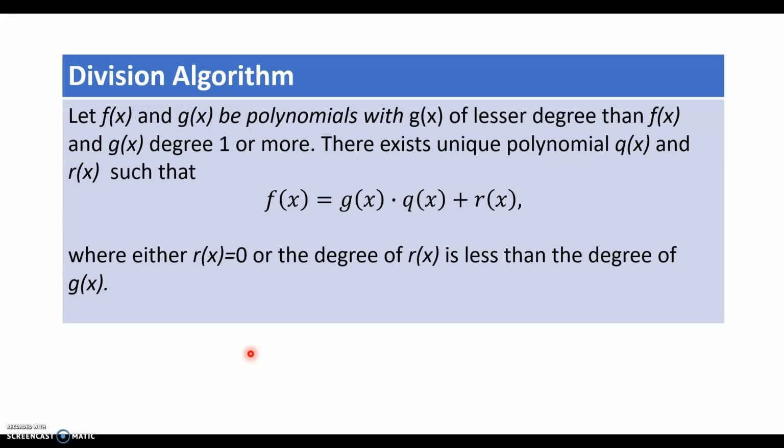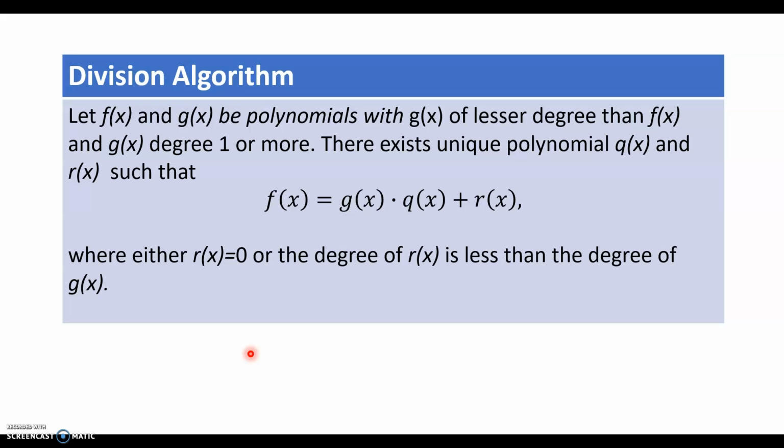The division algorithm basically says that if you have some function f of x and a function g of x which has a lesser degree than f of x, then you can divide them.